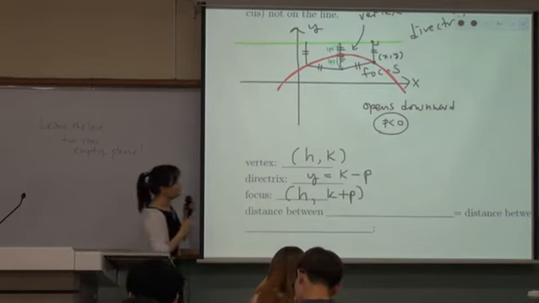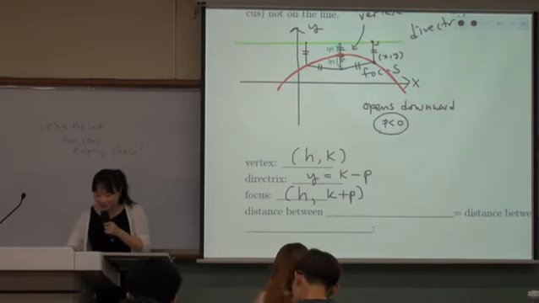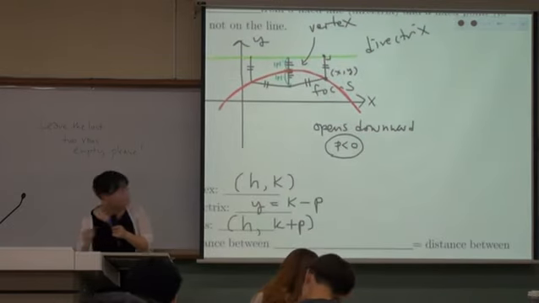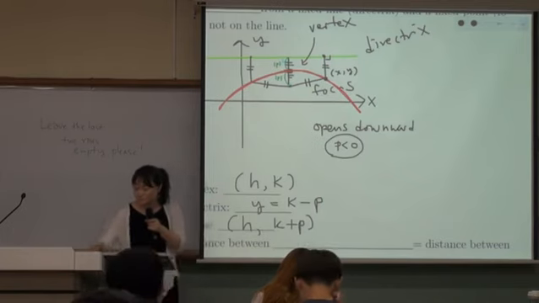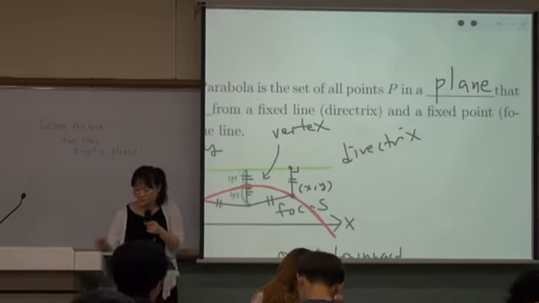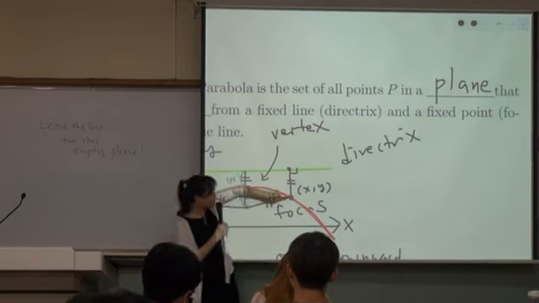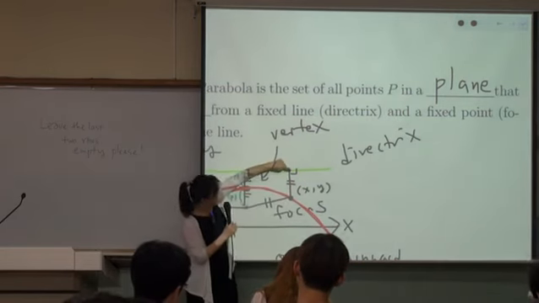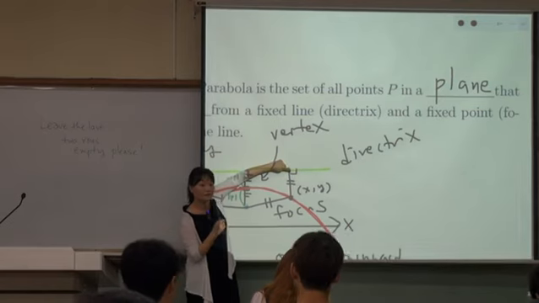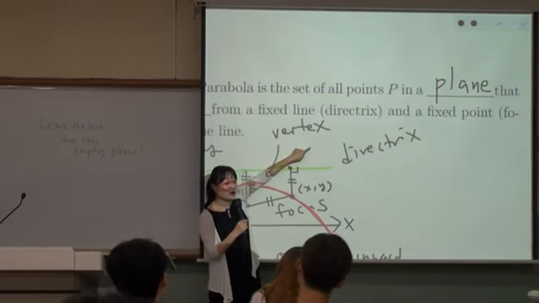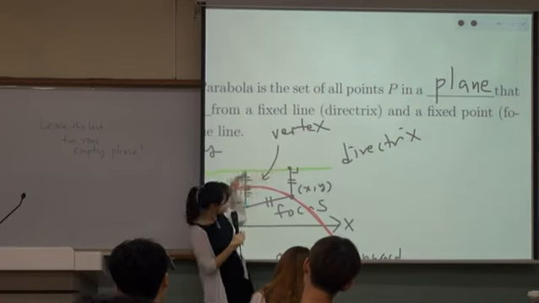Okay. Now, to find the equation, this point is (x, y), right? And what is the coordinate of this point? (x, y). This is the directrix.